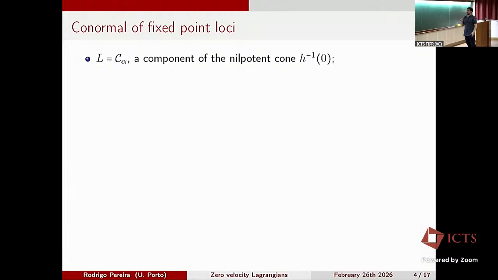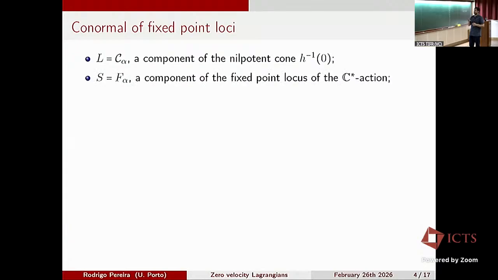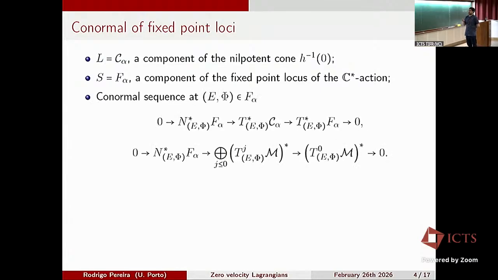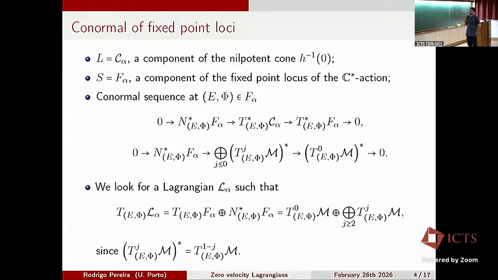So to do our conormal construction, we're going to consider our Lagrangian will be a component of the nilpotent cone, H^{-1}(0), where H is just the usual Hitchin map. And inside it, you have a component of the fixed point locus. So you compute the conormal, and via this sequence, you replace everything with the correct weight. So the nilpotent cone has weights less than or equal to 0.